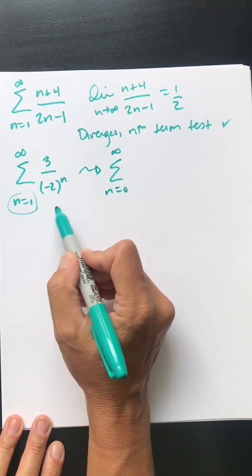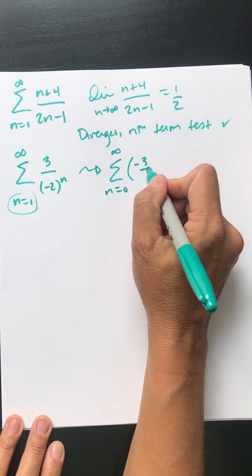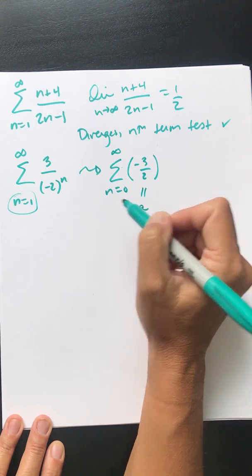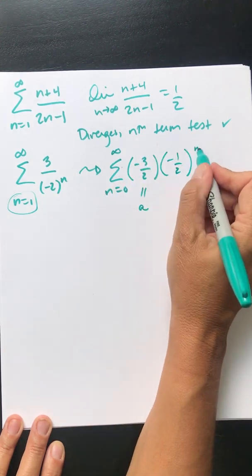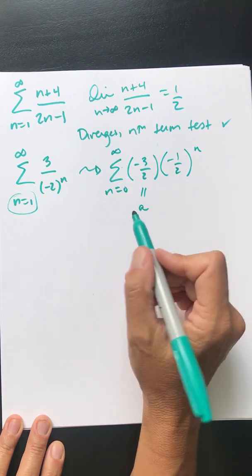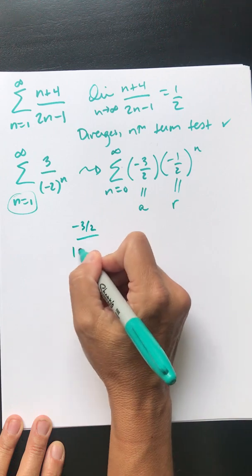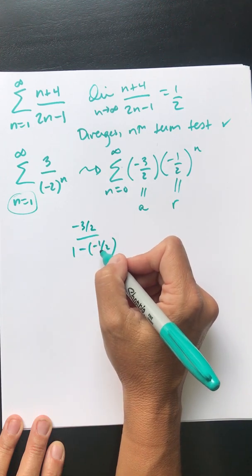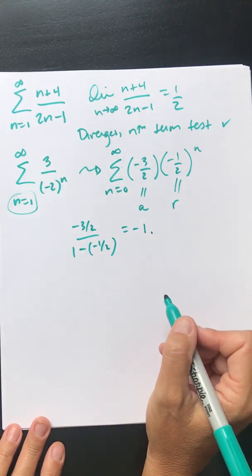Our first term, if we plug in 1, is negative 3/2. So this is our a, and our ratio every time is negative 1/2 to the n. So it converges to a over 1 minus r. Negative 3/2 divided by 3/2 is negative 1.